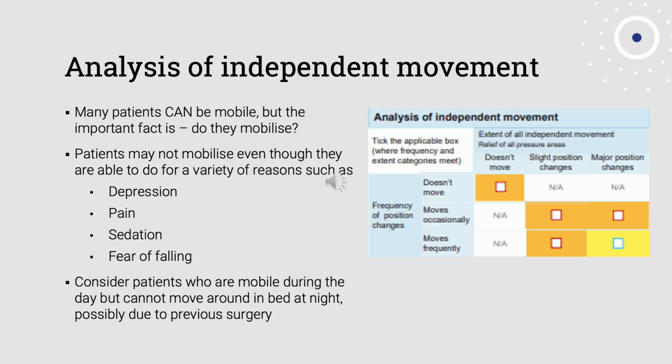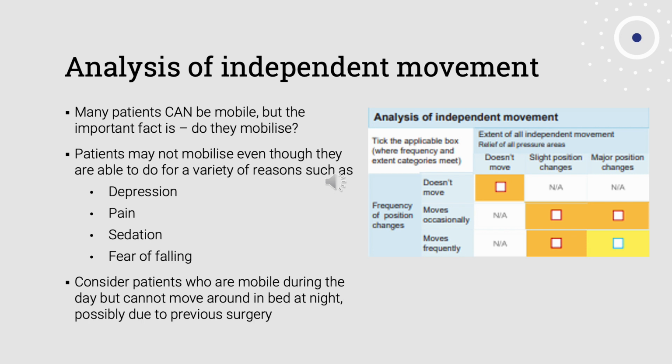So the first section you come to is analysis of independent movement. So you can see here the variations: doesn't move, slight position changes and major position changes. The differences in that language really: major position changes is when somebody is completely offloading from their pressure areas, whereas slight position changes might just apply to small shifts in posture or tilting or leaning.